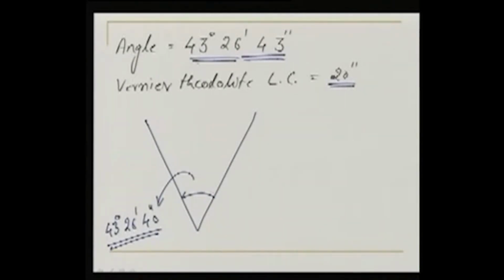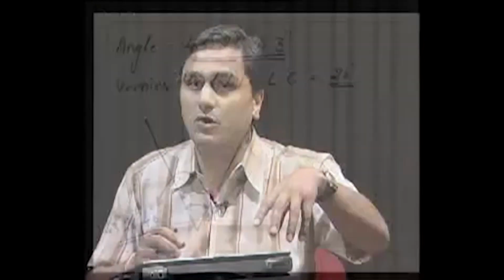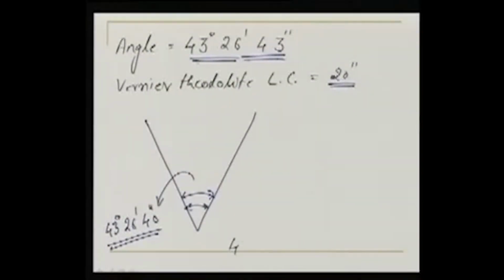Next, we again observe this angle by the repetition method. Though we have set it out, naturally there will be some error. So we observe this angle again by the repetition method, and let us say it comes out to be 26 minutes and 41 seconds.